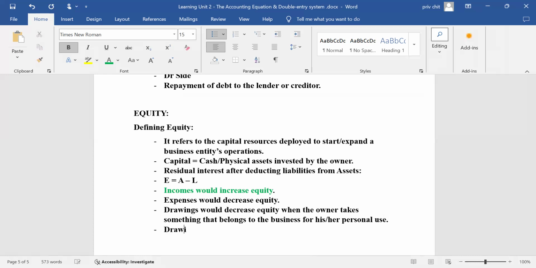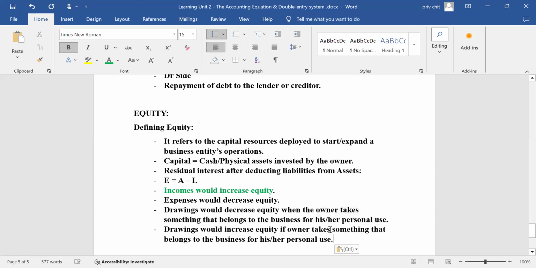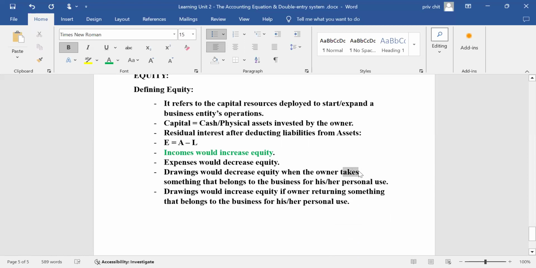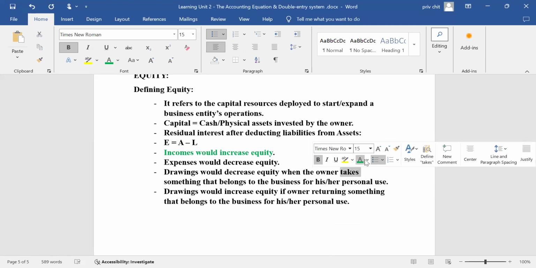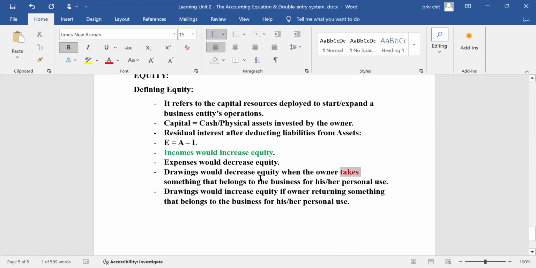Now, drawings, on the other hand, would increase equity if the owner, instead of taking, is returning whatever he or she had taken out of the business for personal use. So whenever the owner is returning something that he or she had initially taken for personal use, here's what happens. With the taking, it would decrease equity. Are we together there?